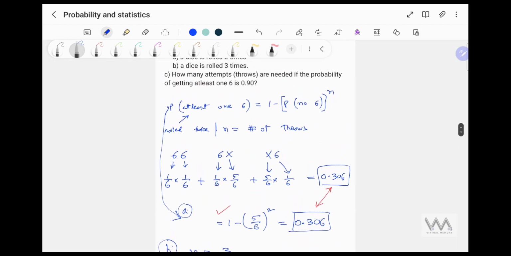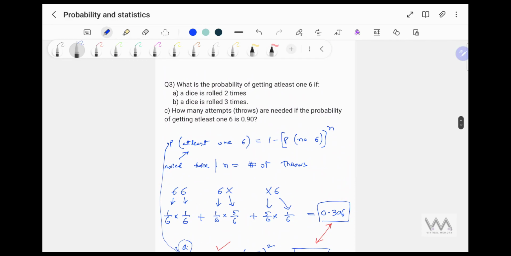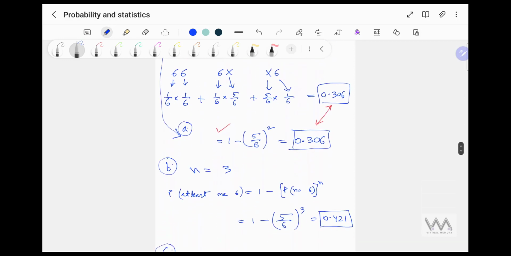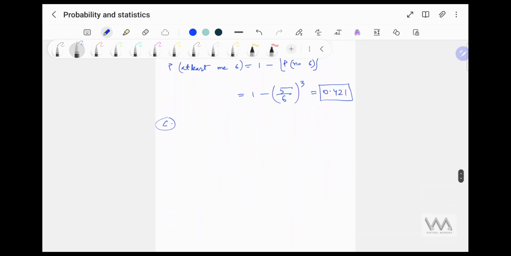The last question says, how many attempts or throws are needed if the probability of getting at least one 6 is 0.9? So in this question, the probability of at least one 6 is given, which is 0.90, and we can equate this to 1 minus 5 over 6 to the power n, which is the number of throws.